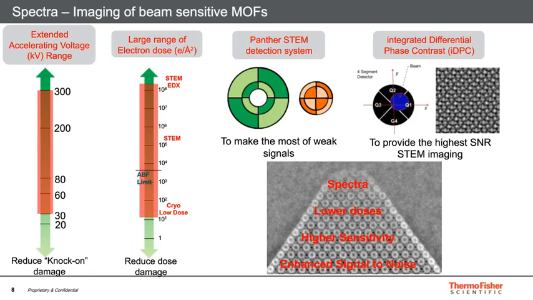We have extended accelerating voltage from 30 kV to 300 kV. We can image with a large range of electron dose, from a dozen electrons to 100 million electrons per square angstrom. And we have an unprecedented Panther STEM detection system and groundbreaking iDPC technology. We combine these two to enable low-dose, high-sensitivity, and damage-free imaging of MOF samples.